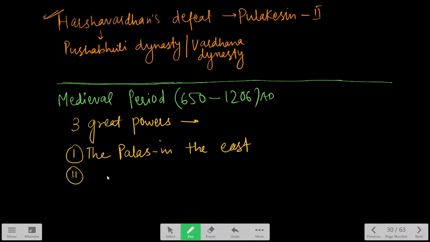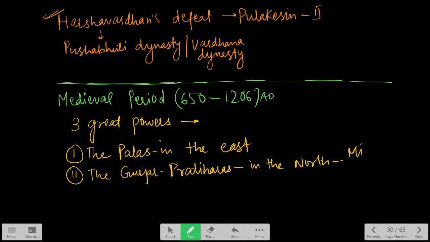The second was the Gurjar Pratiharas in the north. Mihir Bhoj was the most important ruler here. The third one is the Rashtrakutas.